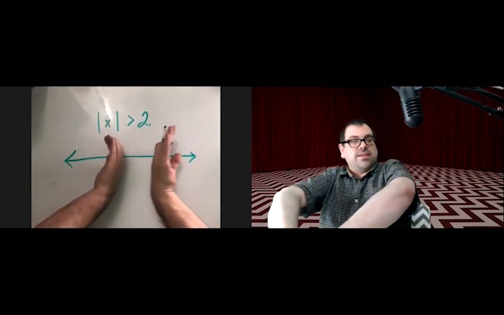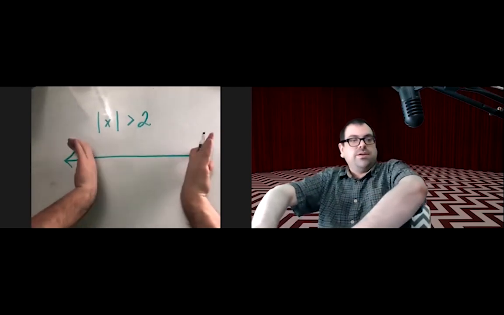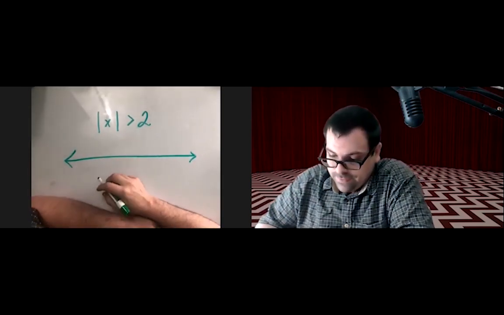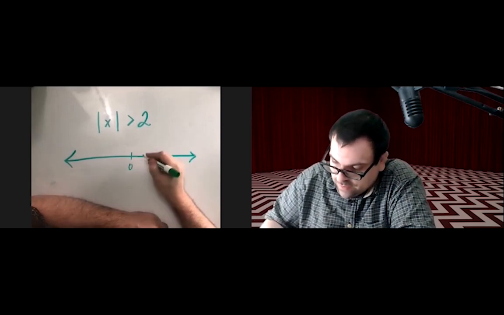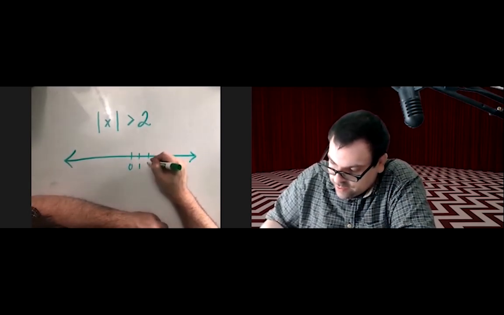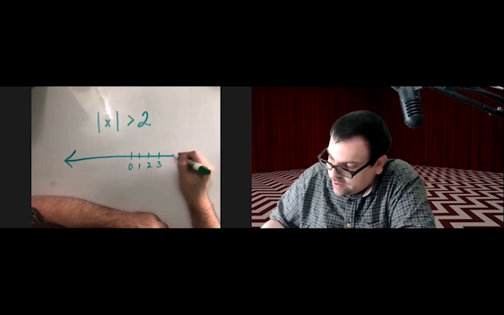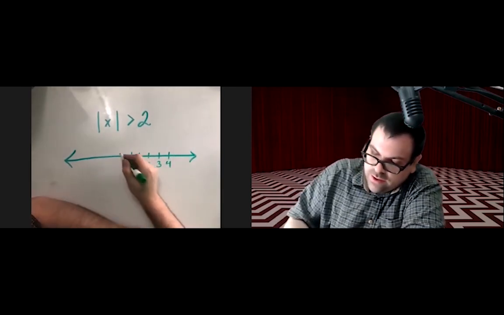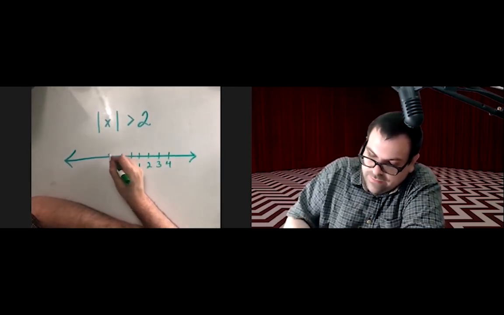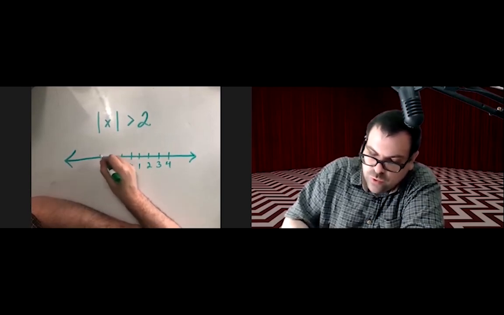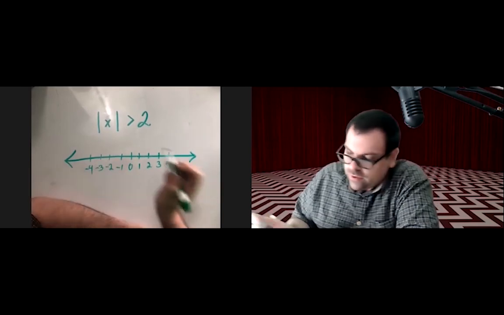If you're thinking this is going to be the rest of it, you are right. So 0, 1, 2, 3, 4, and so on. -1, -2, -3, -4, and so on.